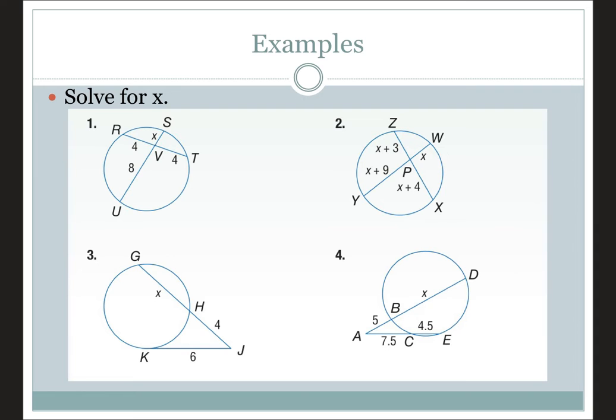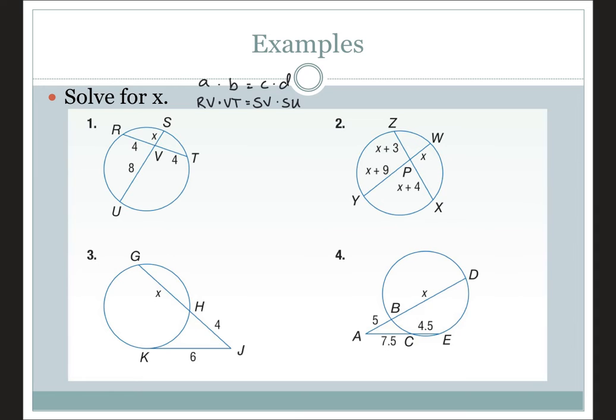So this first one, the video is going to pause. Please pick the correct equation, and when it plays again, we'll solve. Okay, so this is segments of chords, the A times B is equal to C times D one from the last slide. I have that equation plus the proper names of the segments right here, just to remind you that A, B, and C are just variables.